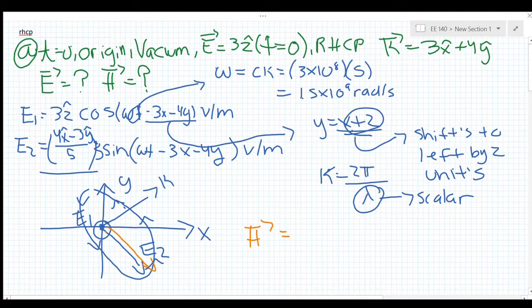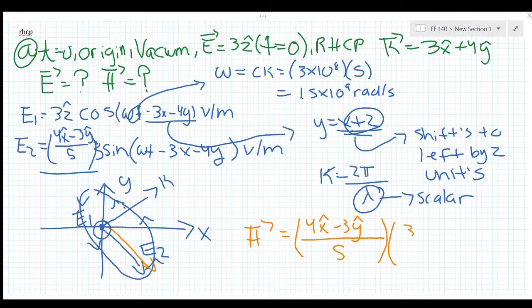If you use your right hand, E1 coming out of the board and H1 in the fourth quadrant will give k. That's going to have a 4 to 3 ratio, so 4x hat minus 3y hat over 5.